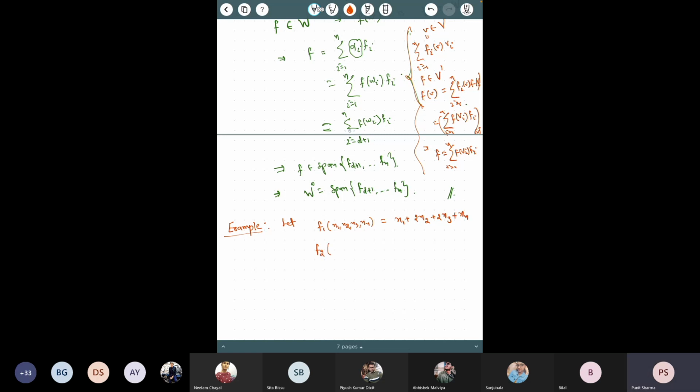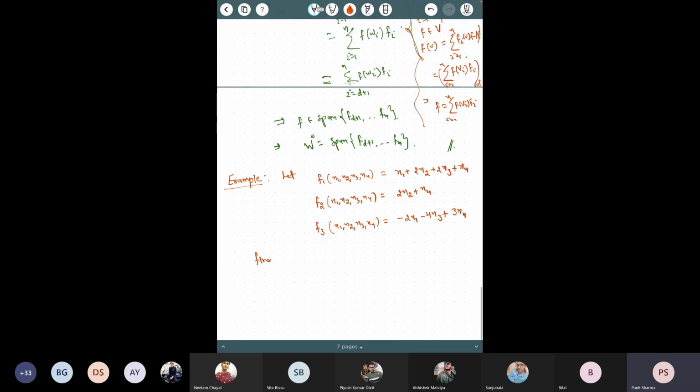F2 of (x1, x2, x3, x4) is 2x2 plus x4. And F3 of (x1, x2, x3, x4) is minus 2x1 minus 4x3 plus 3x4. These F_i are linear functionals on R4 for i equal to 1, 2, 3.